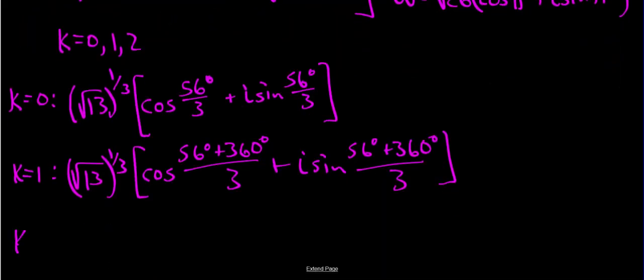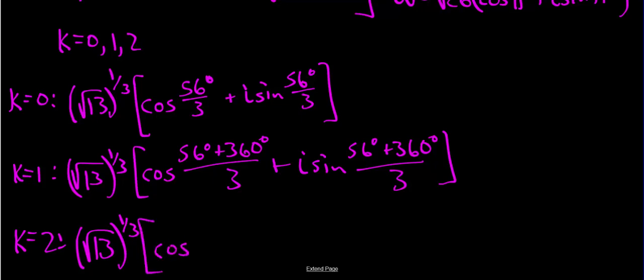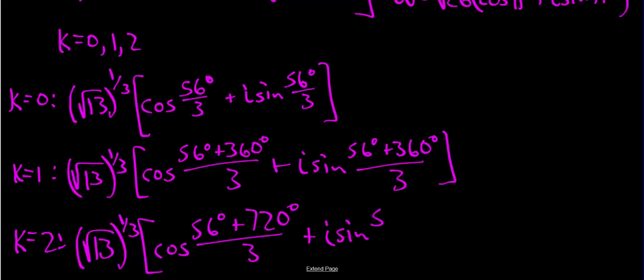Then k is equal to 2. Of course, you'd work these out, but you've got the square root of 13 to the 1/3, cosine of 56 plus 720 over 3 plus i sine 56 plus 720 over 3. And you would work those out and you would get your 3 roots.